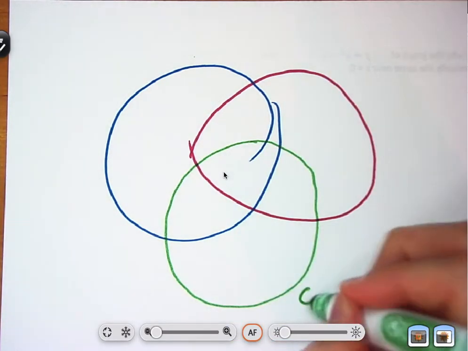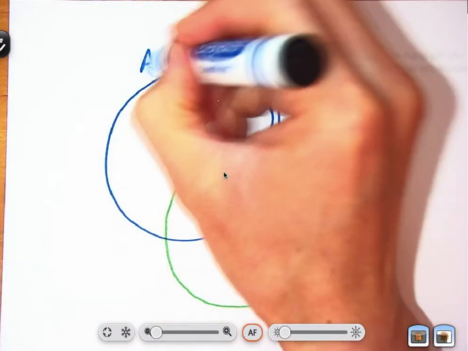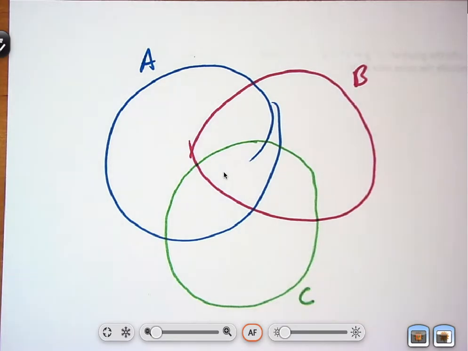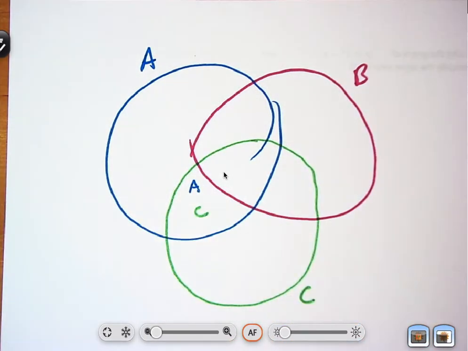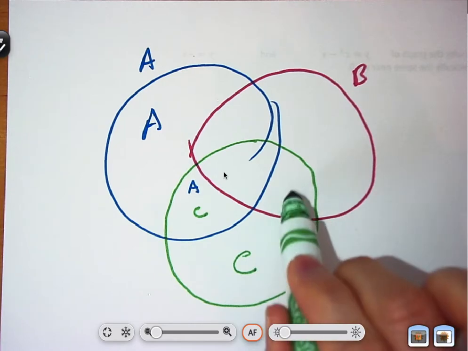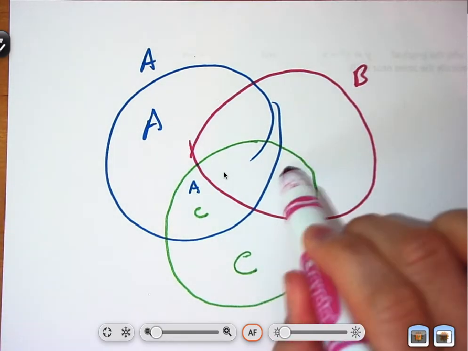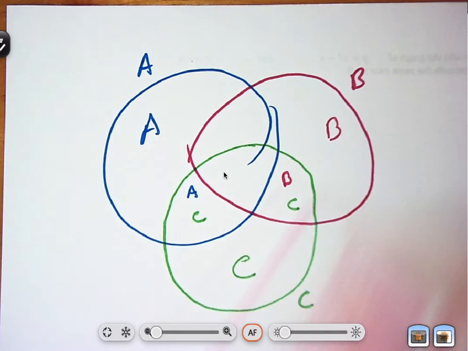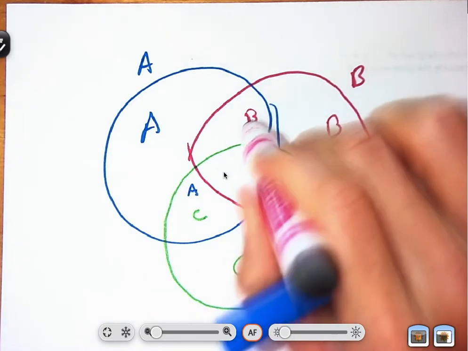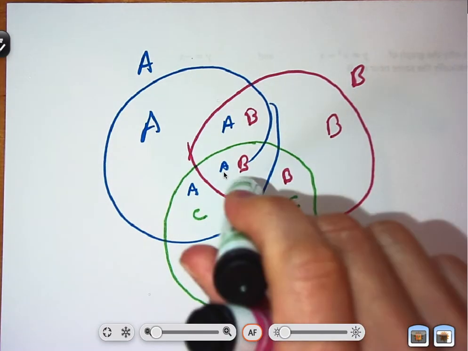Let's say this is category C, category B, category A. In this area is where there's A and C. This area over here is stuff that only falls in category A. The stuff over here only falls in category C. Over here, this area is inside the red and green circle, so we're talking about falling in categories B and C. This stuff over here falls only in category B. This stuff over here falls in categories B and A. And anything that goes here in the middle falls into all of categories A, B, and C.